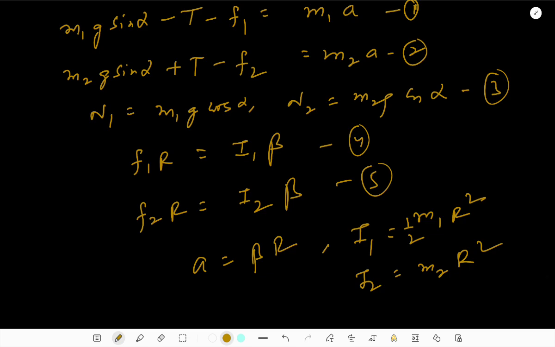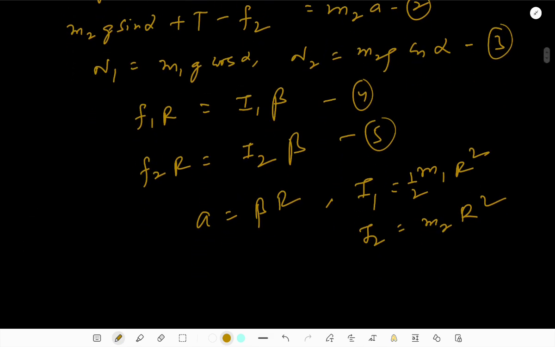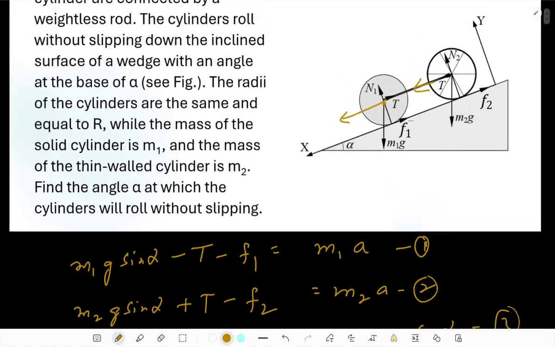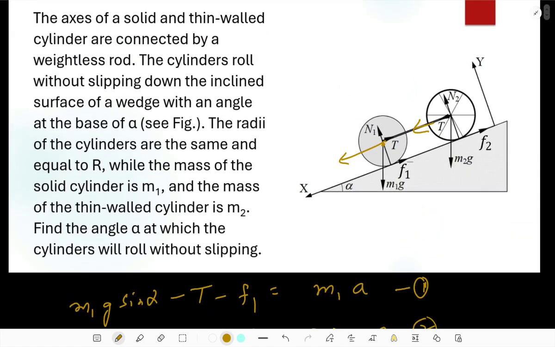Now we need to find F1 and F2 from these two equations. N1 and N2 you already got. The statement of the problem reads: find the angle alpha at which the cylinders will roll without slipping. We are going to solve it.